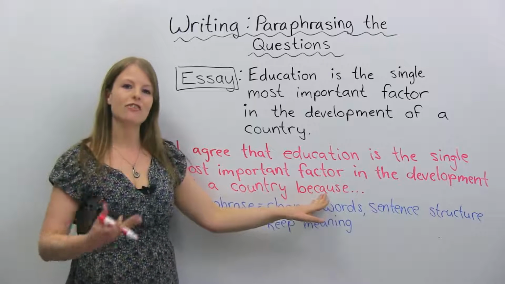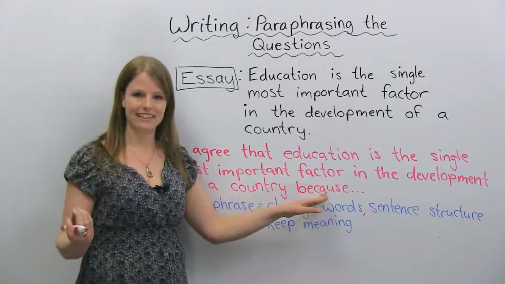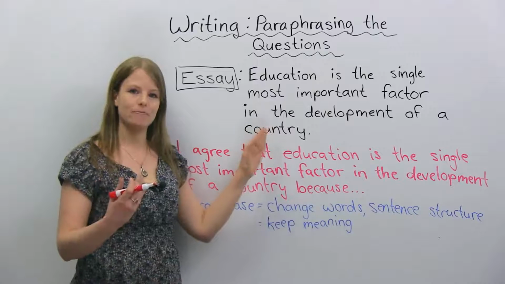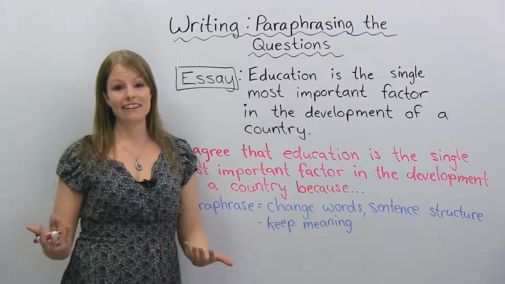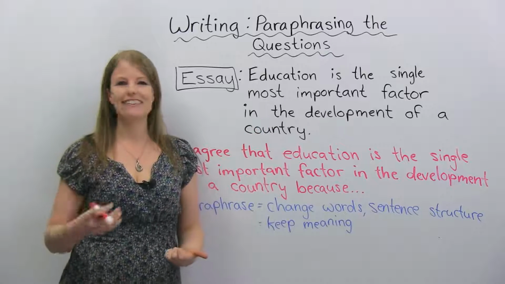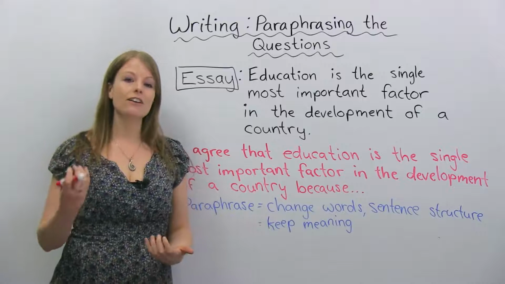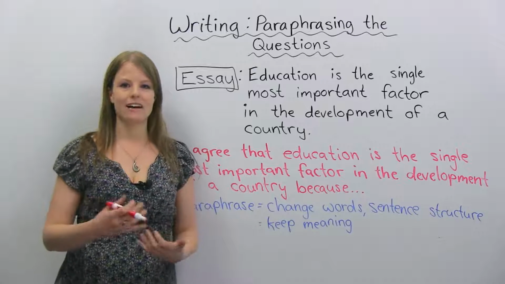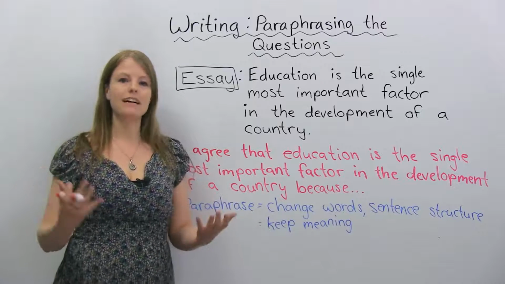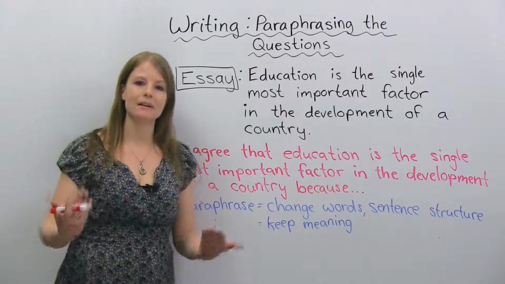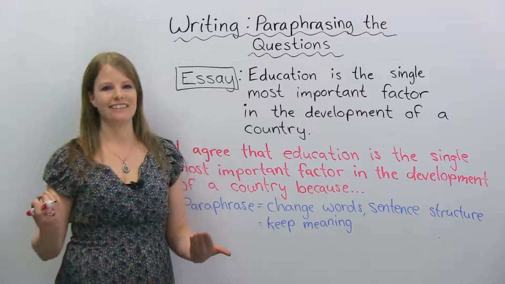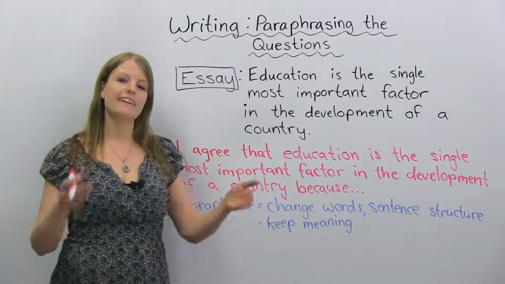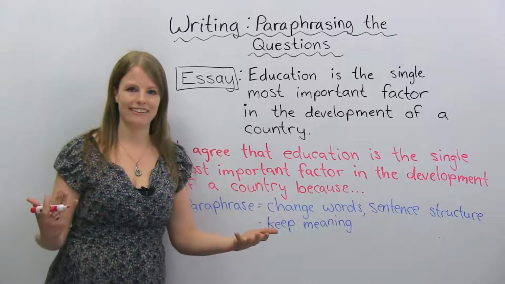The student here has used the exact same wording that is in the question. So if you do this on the IELTS, and many students do this, same with on the TOEFL, you will lose marks. And same with in university, because you're not showing your abilities, you're just copying what somebody else has said or what the essay question is.